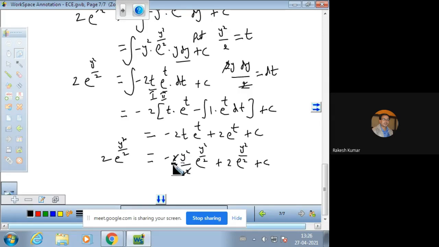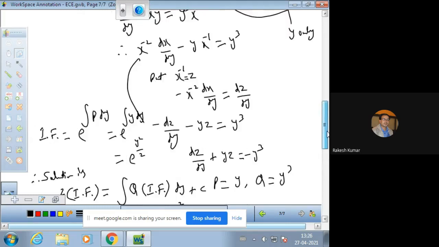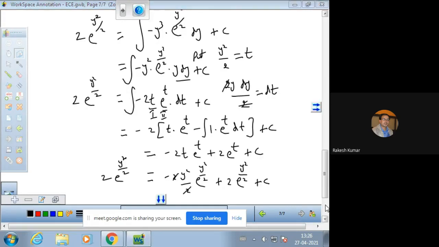So on simplification, you will be able to write, and ultimately we already know that the value of z, this was your z, is 1 by x. We have substituted z equal to 1 by x at the start.